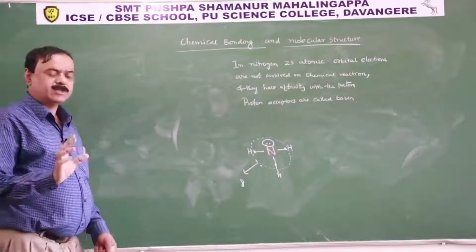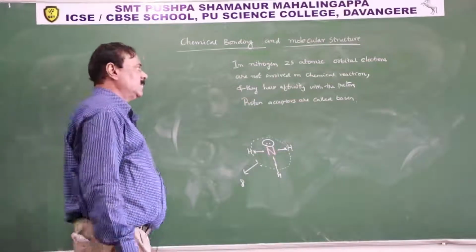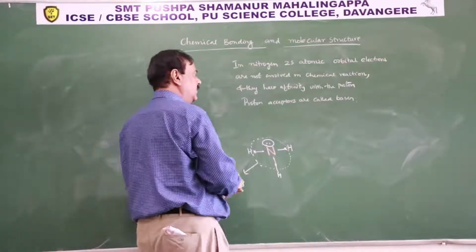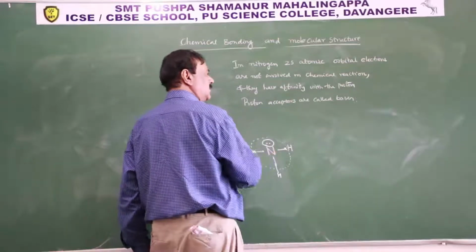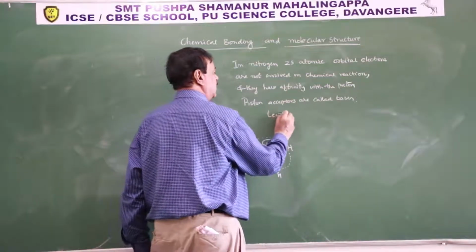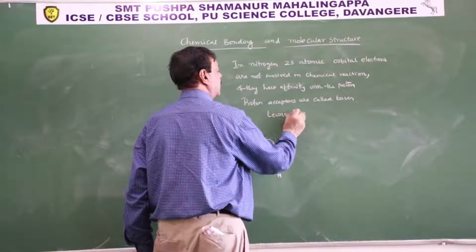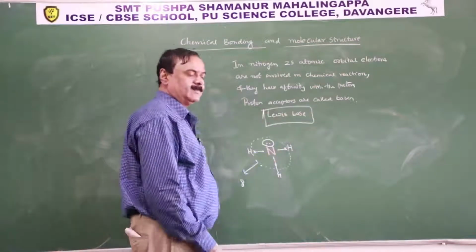By knowing the Lewis dot structure, we can say ammonia is a Lewis base.